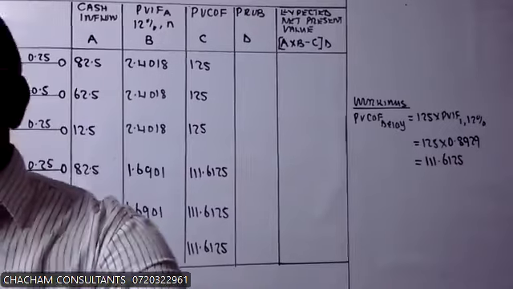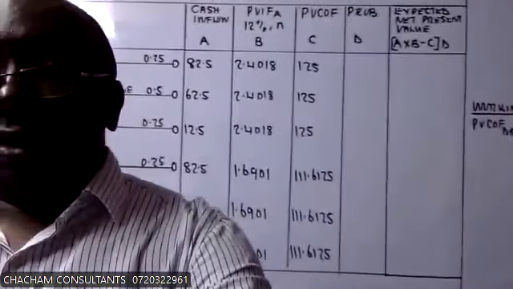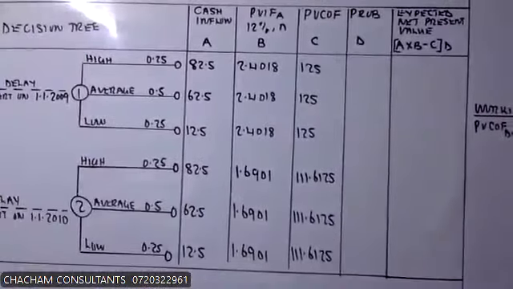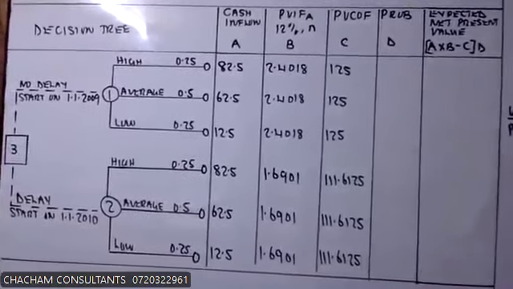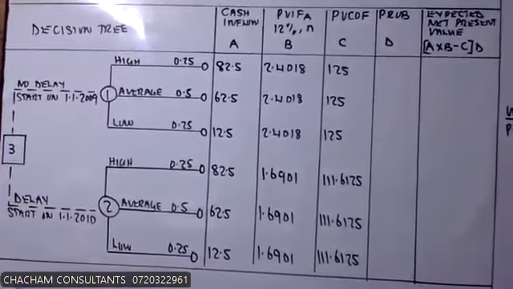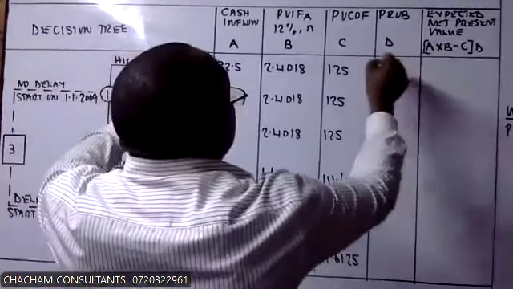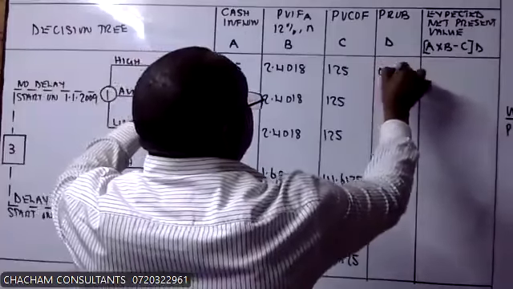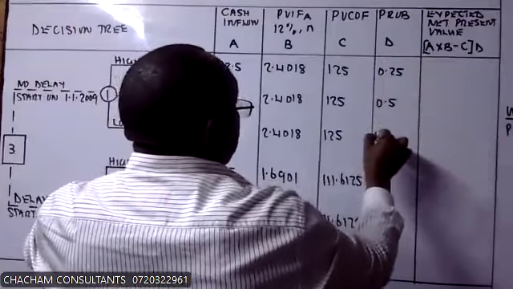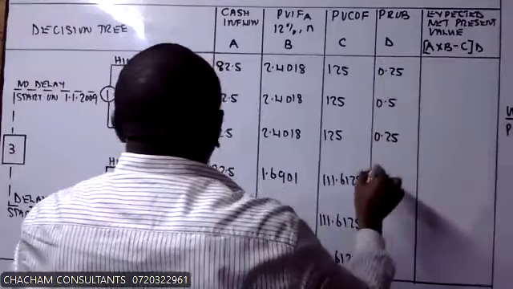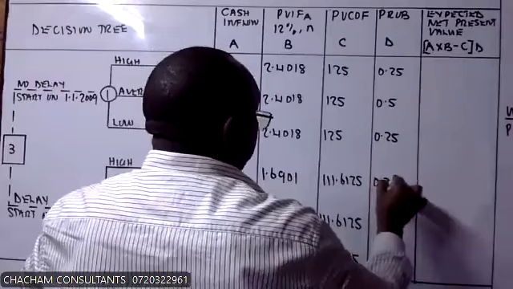Sasa turudi kwa the probabilities. So probabilities, we only have one set, these ones. So hii ndio unaleta hapa 0.25, 0.5, 0.25, 0.25.